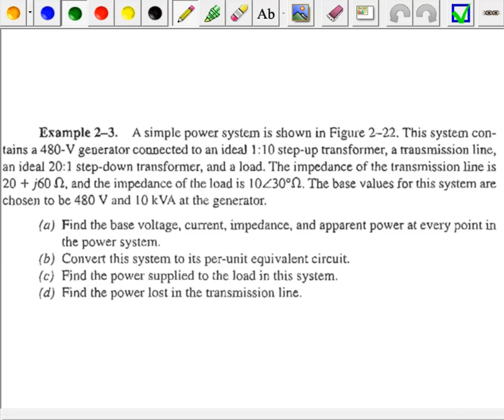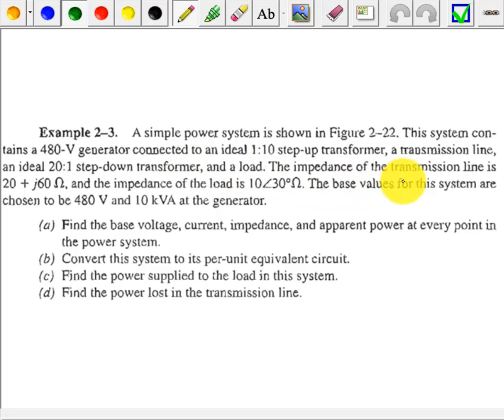The system contains a 480 volt generator connected to an ideal 1:10 step up transformer, a transmission line, an ideal 20:1 step down transformer, and a load.